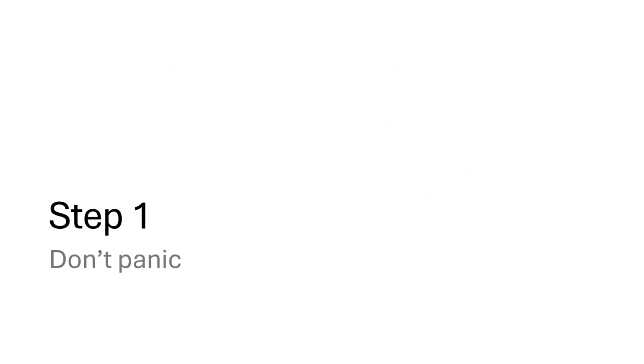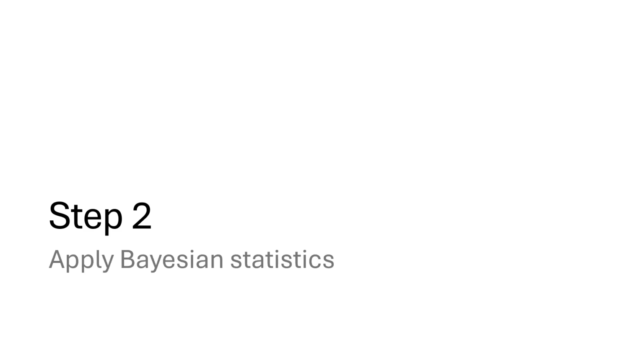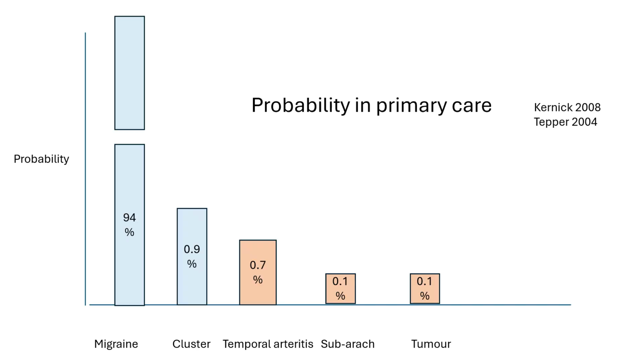First step is don't panic, because we're going to move to step 2 quite quickly, which is to apply our Bayesian statistics, our prior probabilities. And here, from the perspective of primary care, is our likely probability of what this headache is. You can see by far the most frequent cause of headache presentation to primary care is going to be migraine.